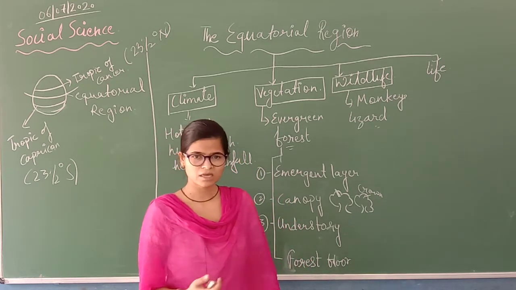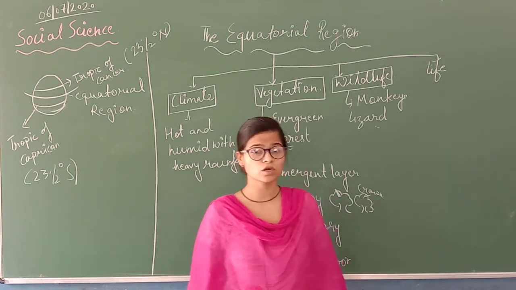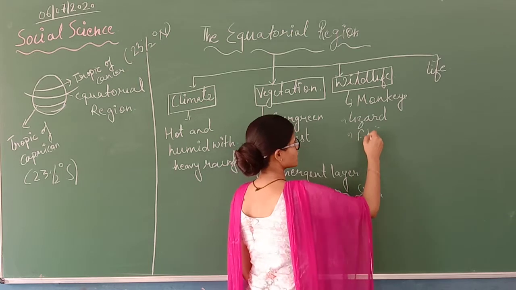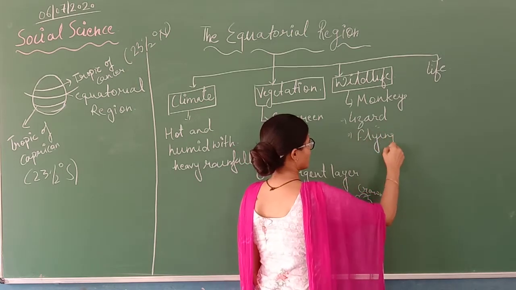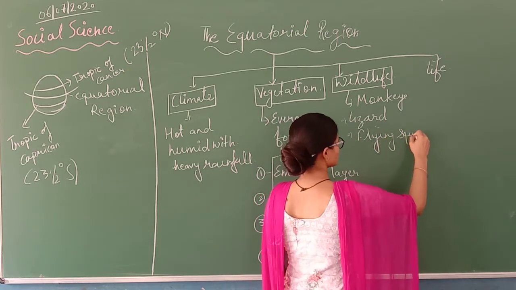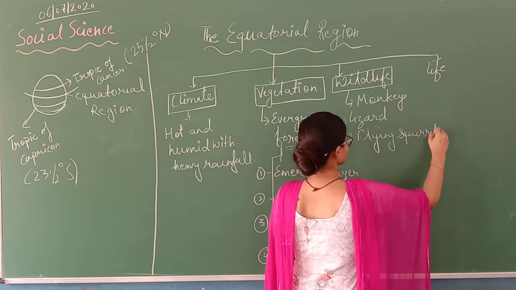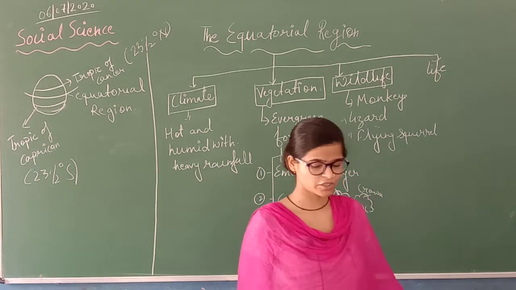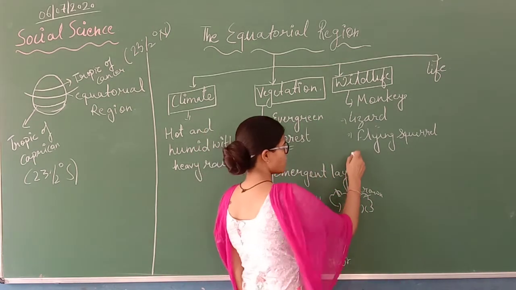Then we have lizards, which are also a variety of lizards. Then you will find the flying squirrel, which is also a variety of species. Then we have bats.